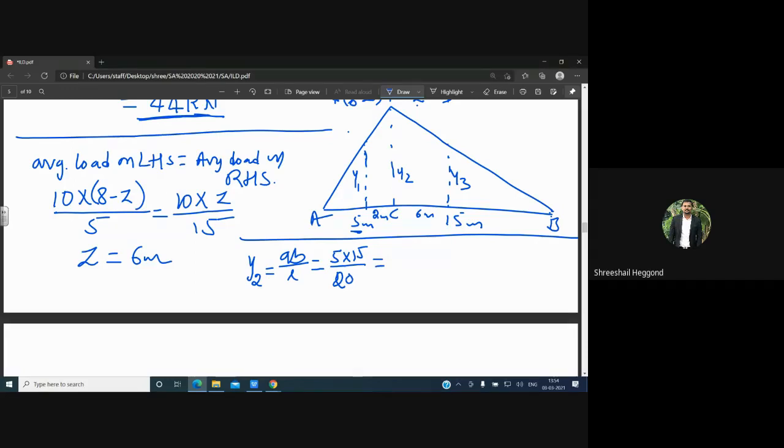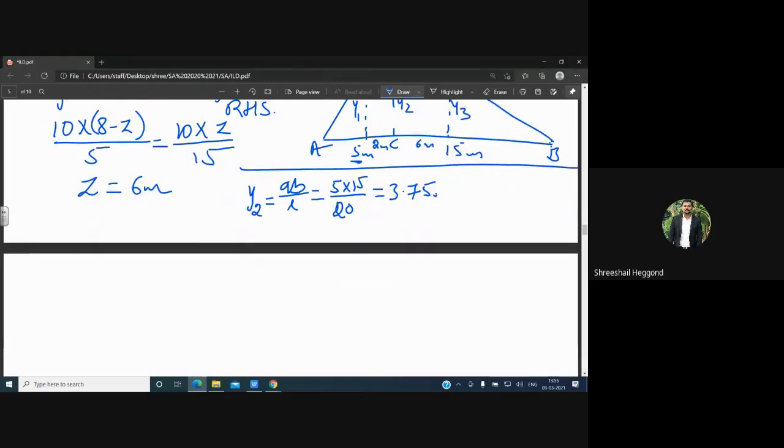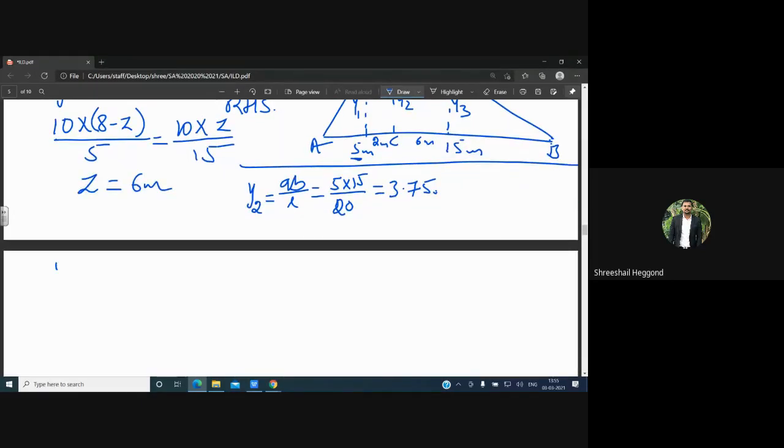Therefore, Y2 is how much? 3.75. Similarly, calculate for the other two spans, that is Y1. Y1 can be calculated as 5 divided by 20.